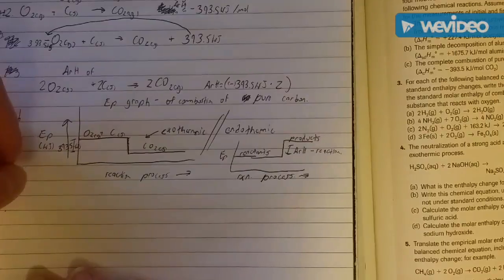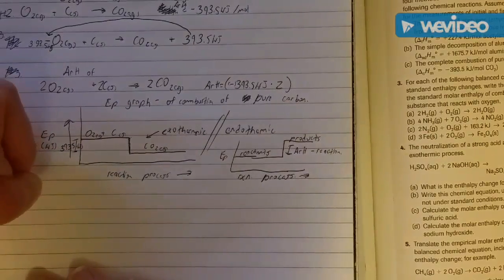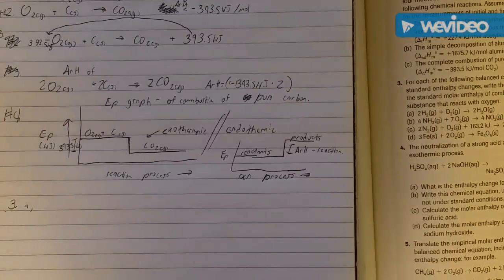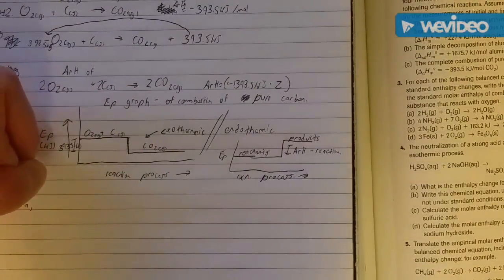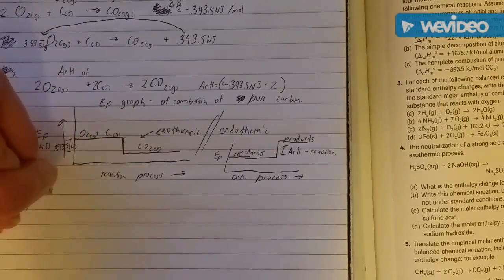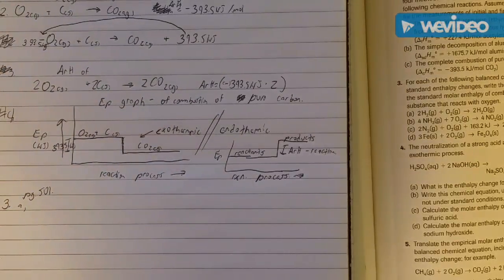If we look at 3A on the same page, page 501, it says, for each of the following balanced chemical equations and standard enthalpy changes, write the symbol and calculate the standard molar enthalpy of combustion for the substance that reacts with oxygen.